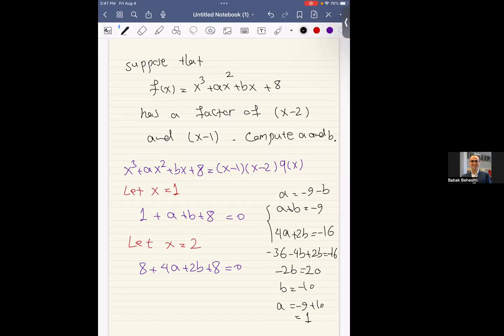So it has 3 first-order factors, like x minus 1, x minus 2. The last one is x plus or minus something. So what is that constant number? The product of these numbers, -1, -2, and another number must be 8. When you multiply x minus 1 times x minus 2 times x minus, say, 3, the product of these numbers must be 8, right? The constant number on the left is 8.